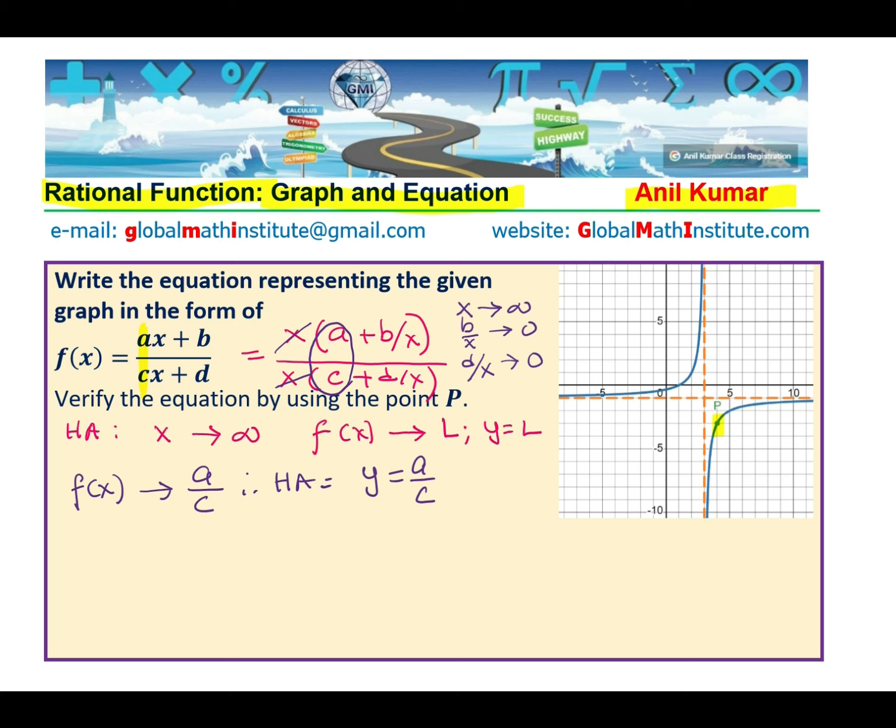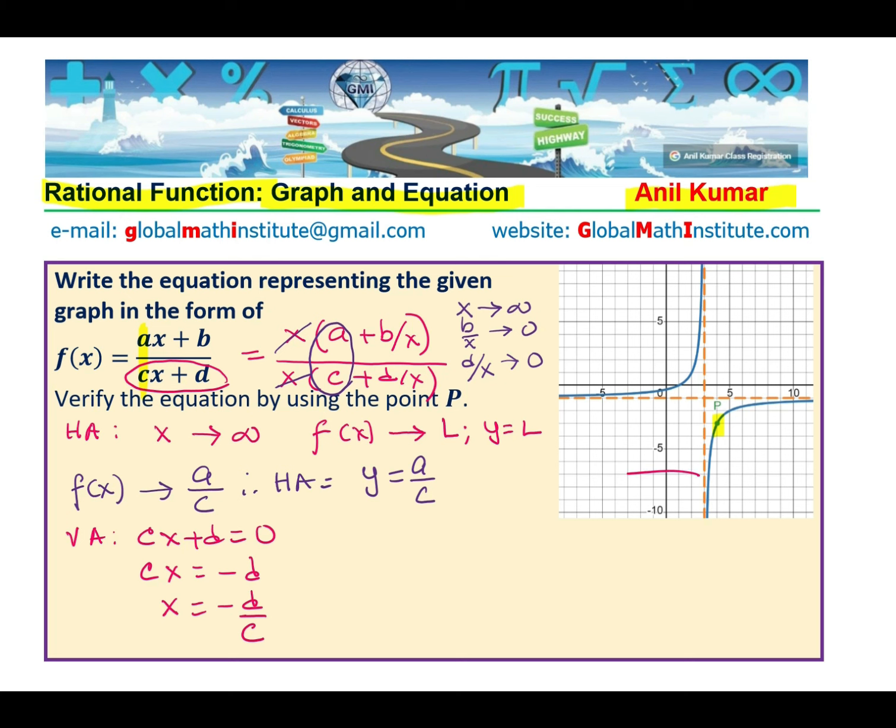Clear? The other part, the vertical asymptote, is relatively simple. For the vertical asymptote, the denominator needs to be 0, meaning cx plus d equals 0. From here, we know cx is minus d, or x is minus d over c. So that becomes the vertical asymptote.